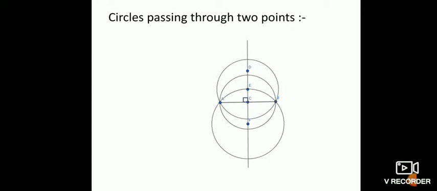Then taking any point on the perpendicular as a center, draw different circles. All these circles pass through the points A and B. It means infinite circles pass through any 2 points.